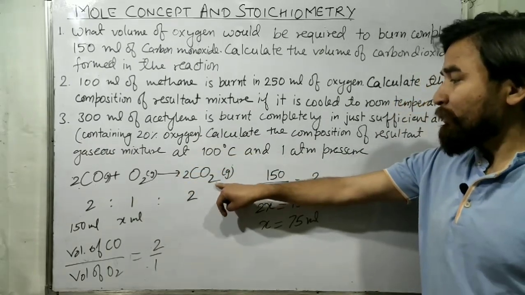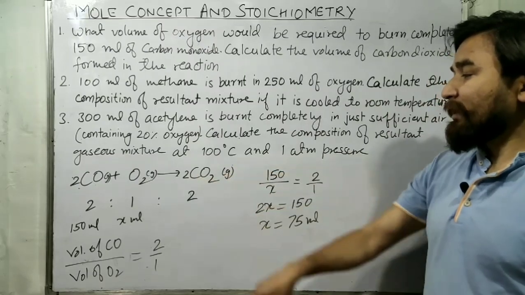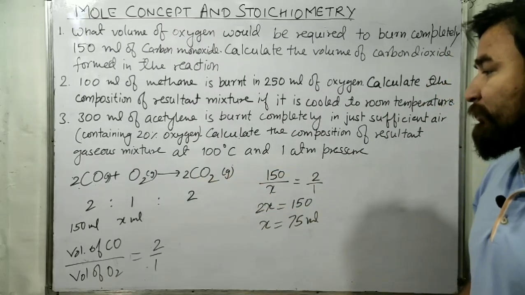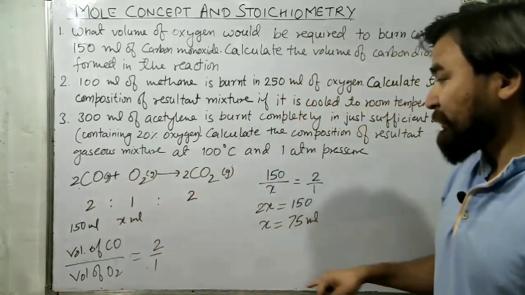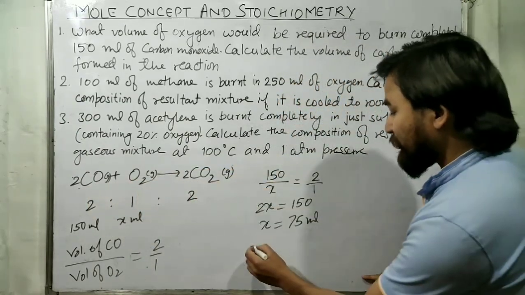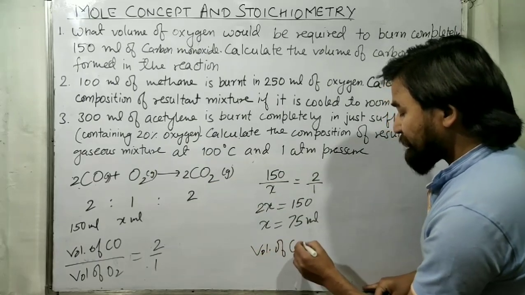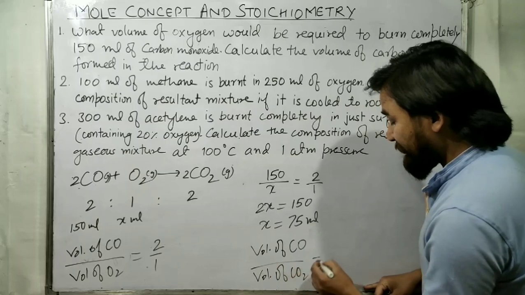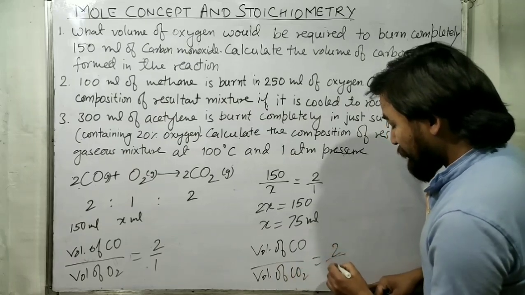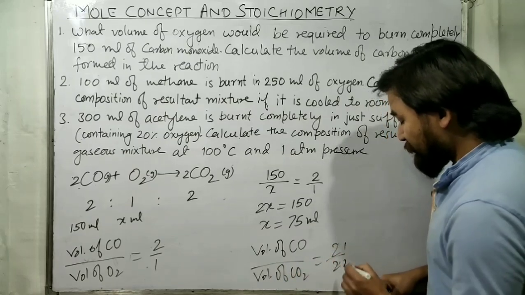Now we have to calculate the volume of carbon dioxide. So you already know that the ratio of volume of carbon monoxide to carbon dioxide, that is volume of CO by volume of CO2, is in the ratio of 2:2. So that is 1:1.